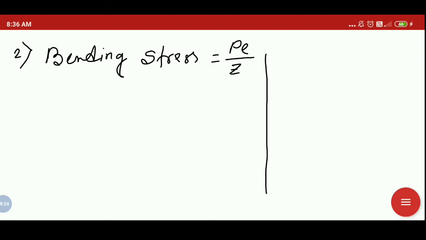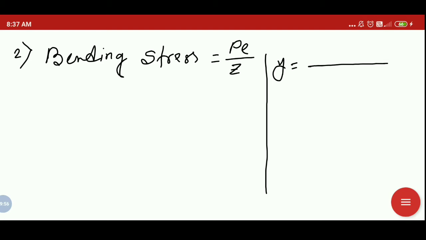Now we know the value of P, but we don't know the value of e. So for calculating e, we have to calculate y value. y equals the CG distance of prestressing force from the bottom.